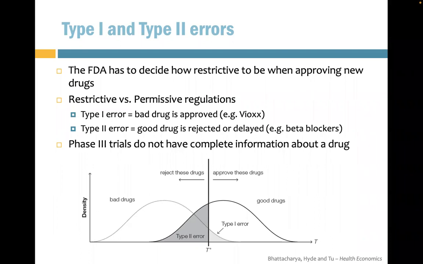For a type 2 error, it's the opposite. A good drug is rejected or delayed. For example, beta blockers. In the case of a vaccine, you can think of an effective vaccine whose clinical trials were probably unlucky, so that some people had severe side effects, or some people died during the trials.